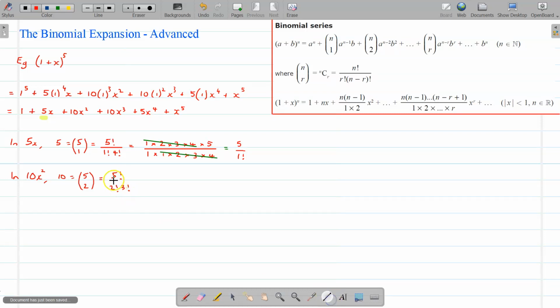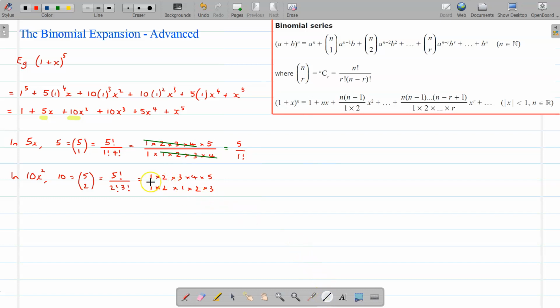So that is what it's come from. So we're talking about this term here, okay? And that is equal to 1 times 2 times 3 times 4 times 5. And that's being divided by 1 times 2, which is the 2 factorial, and 1 times 2 times 3, which is the 3 factorial.